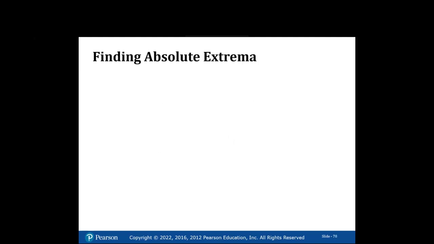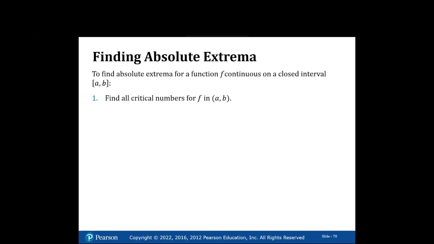So now we're going to find absolute extrema. This is a little checklist on how to do it. If we're going to find absolute extrema for a function that is continuous on a closed interval, first thing, we have to find all the critical numbers of f in (a, b). We're going to find that first derivative, find what x values make it 0. And then we're going to evaluate all of them.